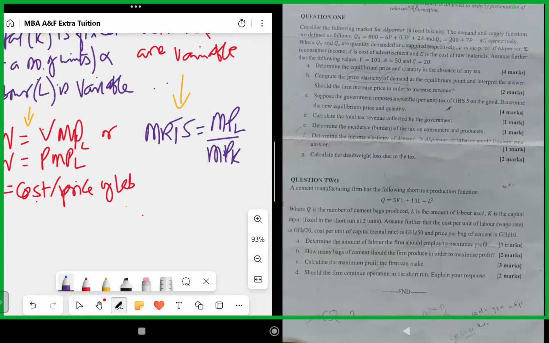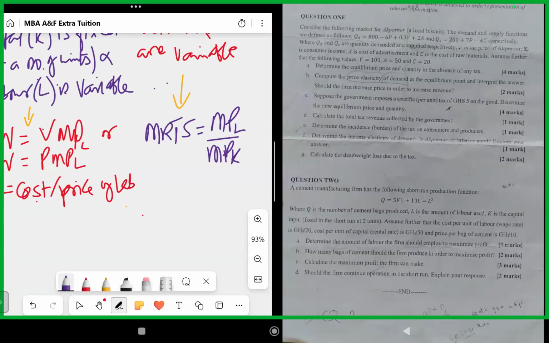The marginal rate of technical substitution is that if the marginal product of labor changes by 1 unit, by how many units would MPK change? I can plot a graph of labor against capital. If labor changes by this unit, how will capital also change by that unit? As labor changes, how does capital also change?